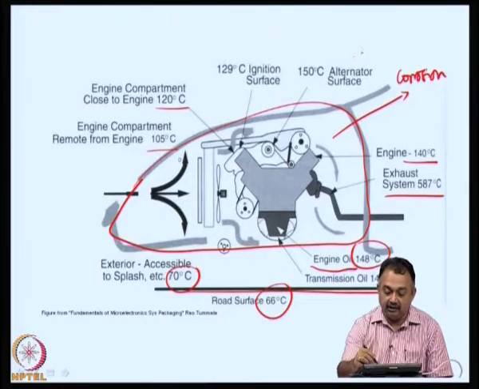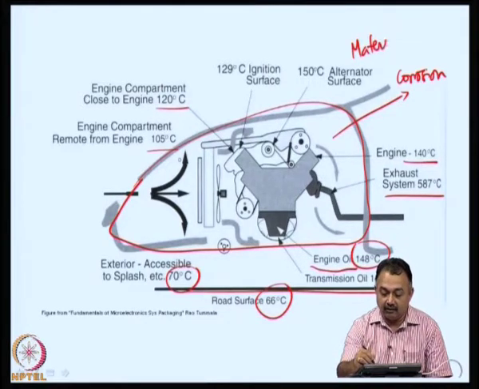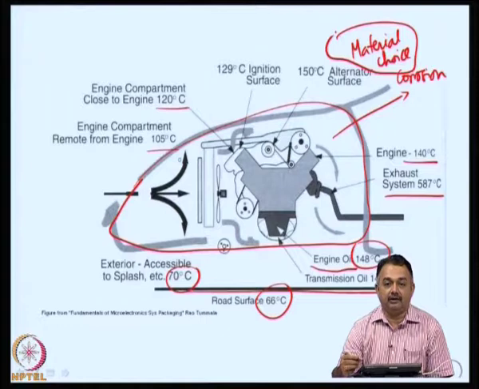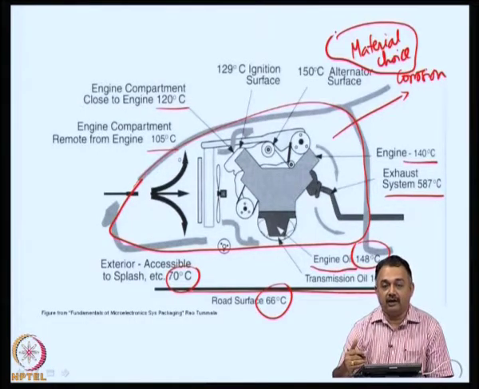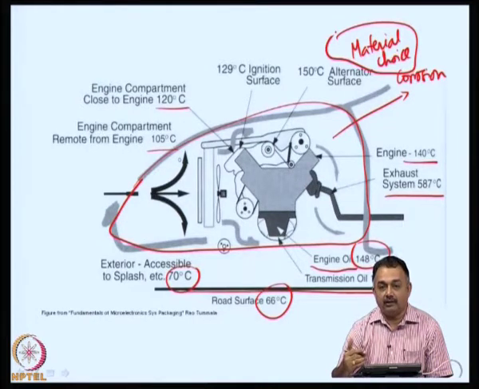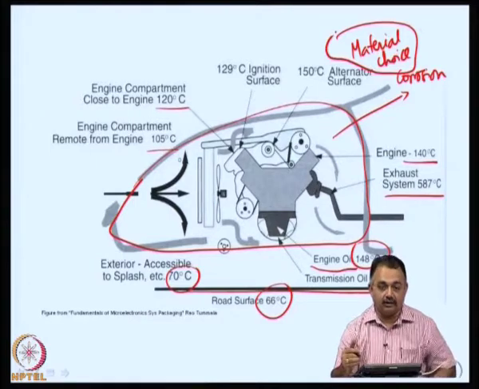Therefore, the material choice becomes very important. You have to really carefully consider what kind of materials need to be used when you package an IC that is going to be used in an automobile under the hood application, and that packaged IC is going to be mounted on a substrate. So, you have to look at what kind of substrate you can use that can perform reliably over a period of time under these adverse or harsh conditions.